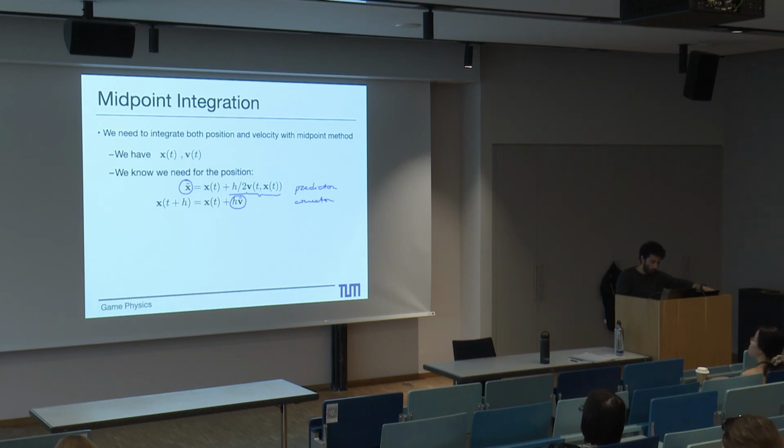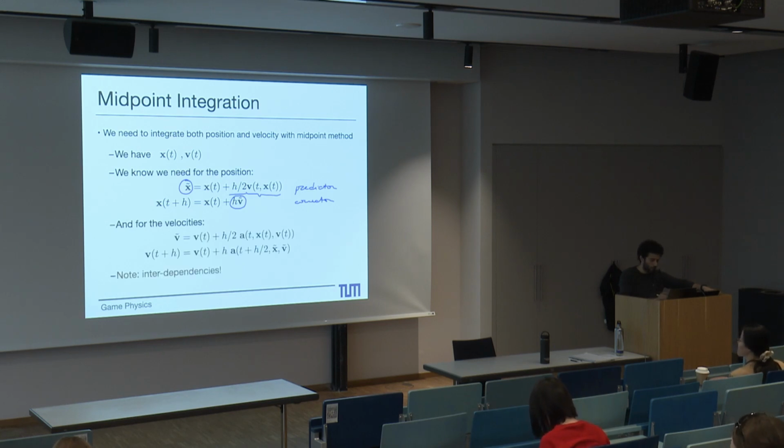So what we need to do is consider the velocities, and the velocities have this form, and this prediction of the velocity needs to be used in order to compute the position.